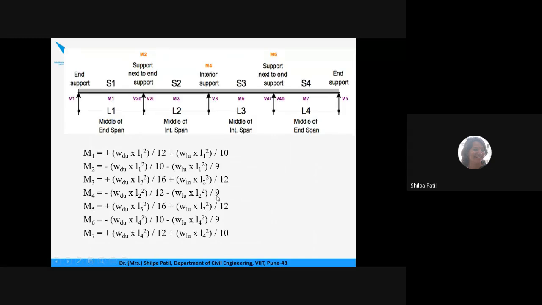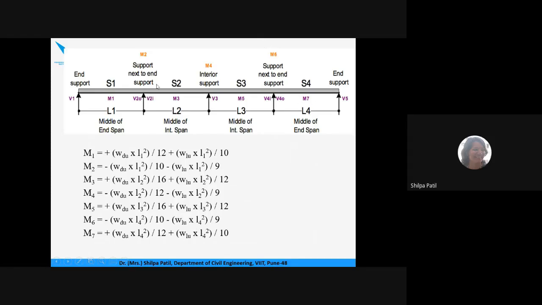What is the important thing? For M2, for this support moment, the span we have considered is L1. Similarly, for finding M6, we have considered the end span, L4.